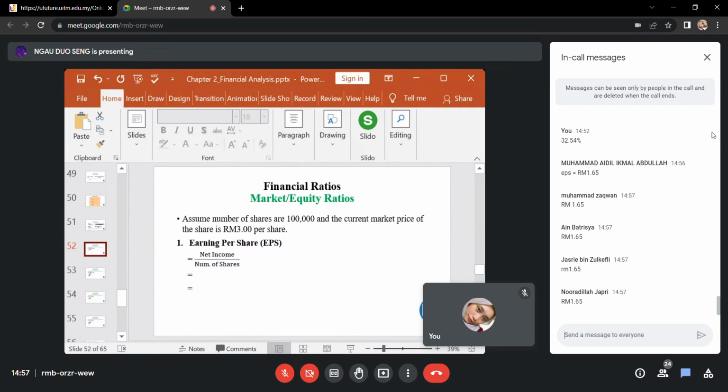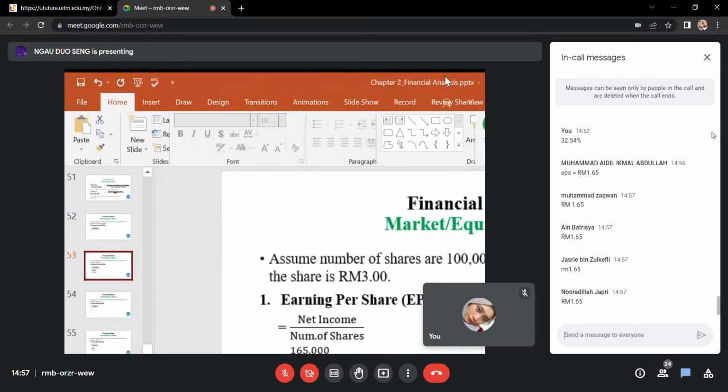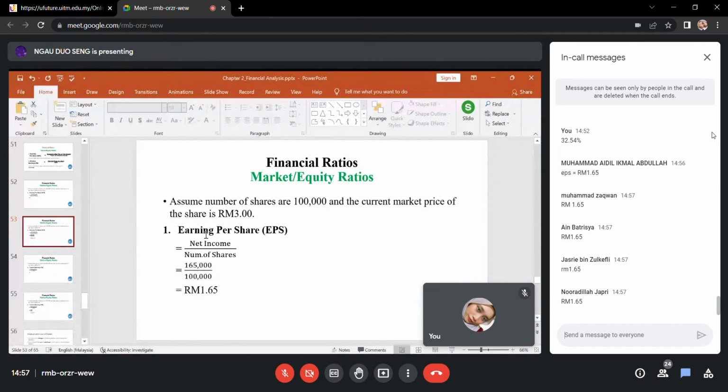All right, so we check. We have net income 165,000 divided by number of shares, which is 100,000.